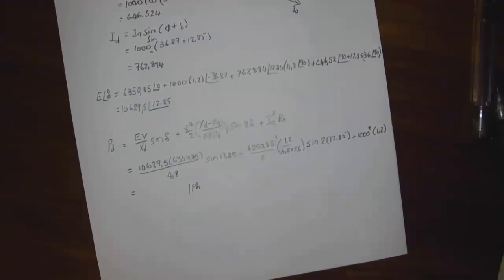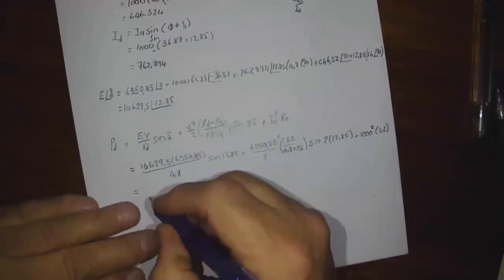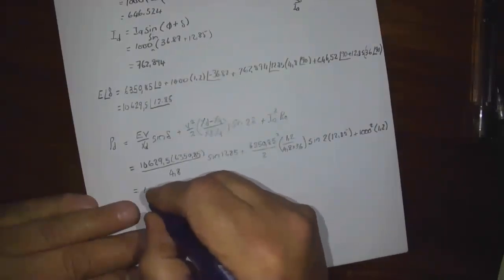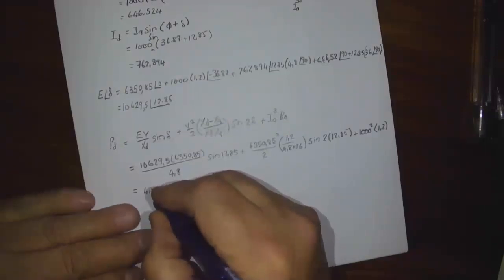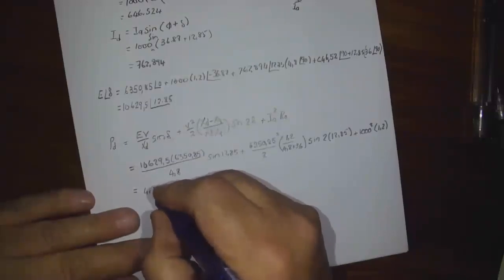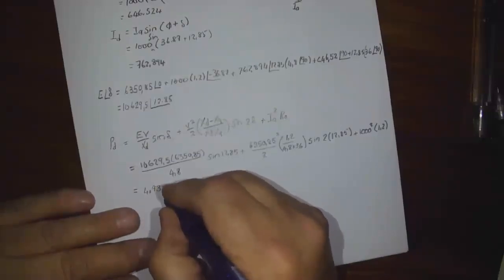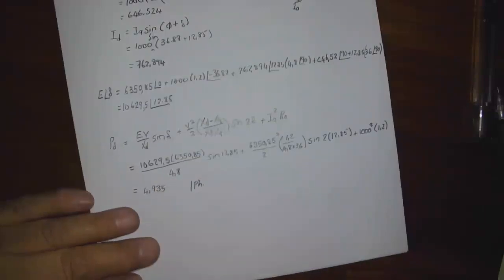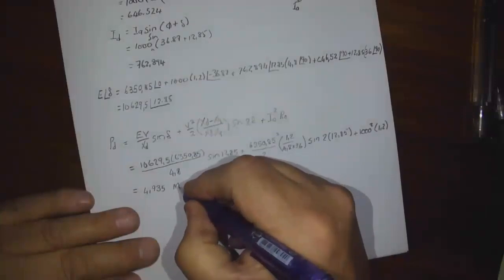Okay, the one that I got was 4.935 megawatt per phase. Anyone agree? 4.935 megawatt per phase.